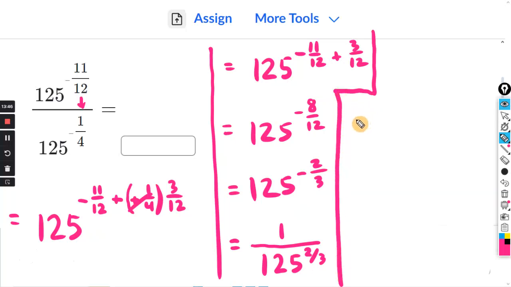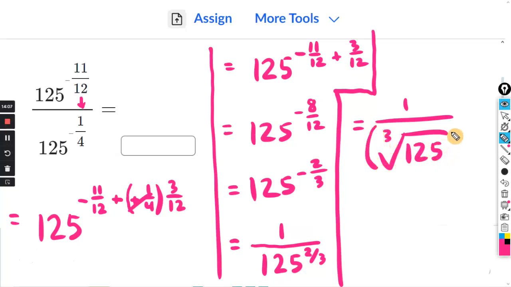So we have the 1 in the denominator. The numerator is the exponent, the denominator is the root. So it's going to be the third root of 125 squared. The third root of 125, and that quantity is squared.